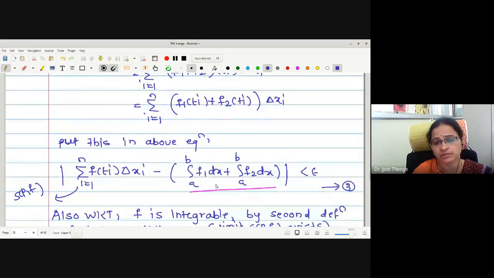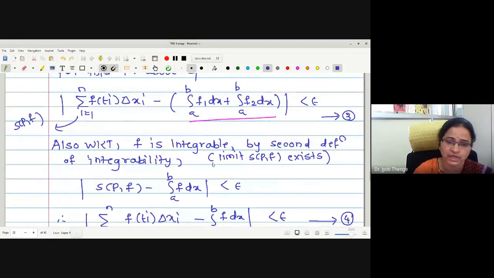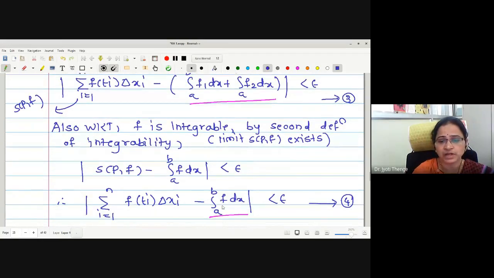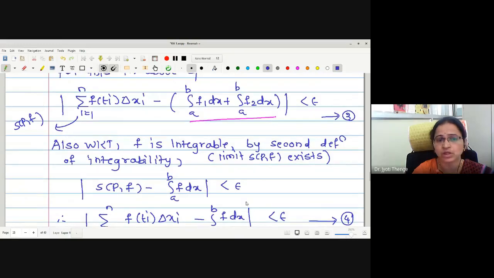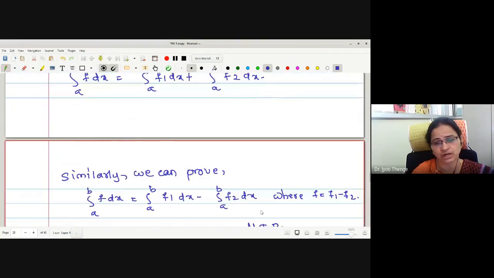Therefore, we have obtained the limit SPF as this, but already we know F is integrable. Therefore, limit SPF is having this much value. Therefore, we have obtained two different limits of SPF, but as limit SPF exists, the limit should be unique.